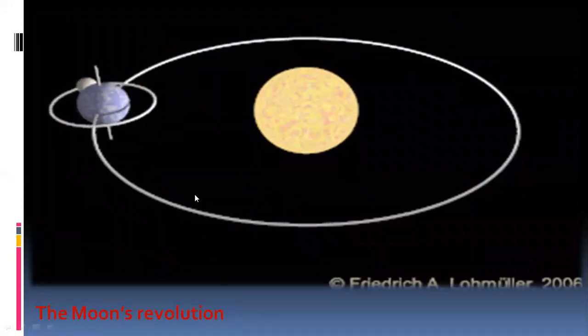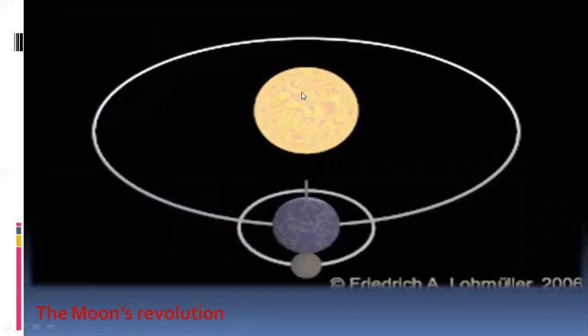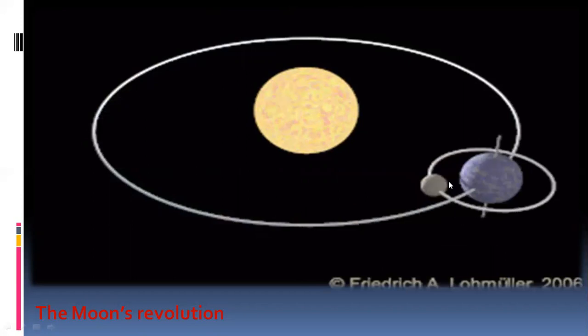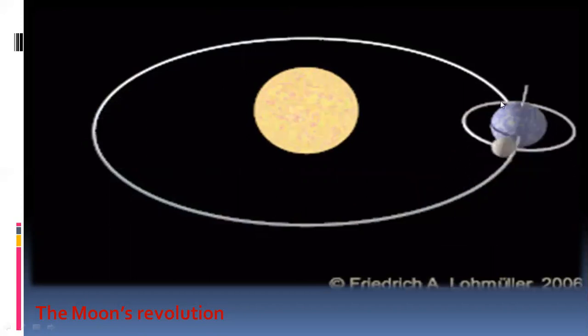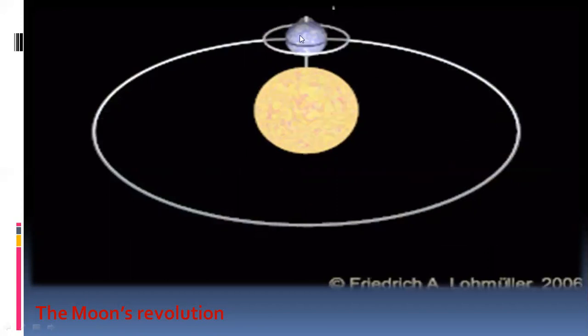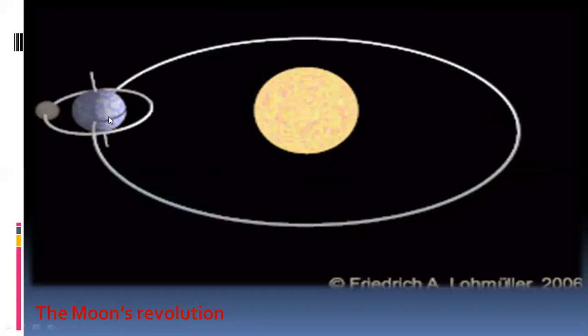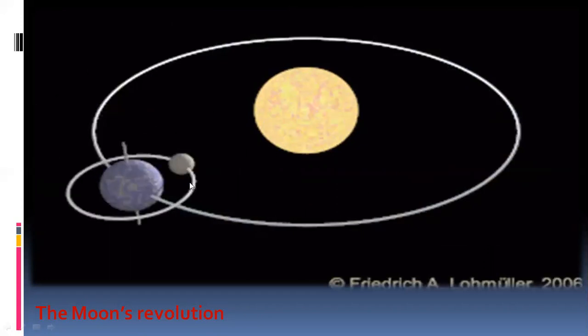This is the moon's revolution. The moon goes around the earth. It's the natural satellite of the earth, and the earth moves around the sun.